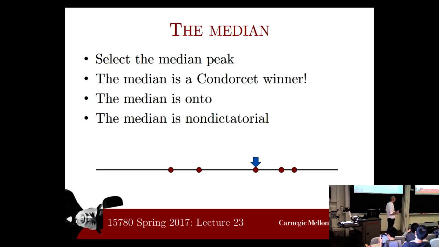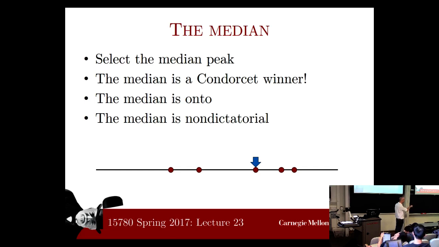So let's think about this one, right? First of all, I want to claim the median peak, if you look at all of the possible alternatives, all of the points on the line, is actually a Condorcet winner, in the sense that it's preferred by a majority of voters to any other point on the line. Why? Think about the median versus some point to the left, let's say this one. These 3 voters prefer the median to this point, right?